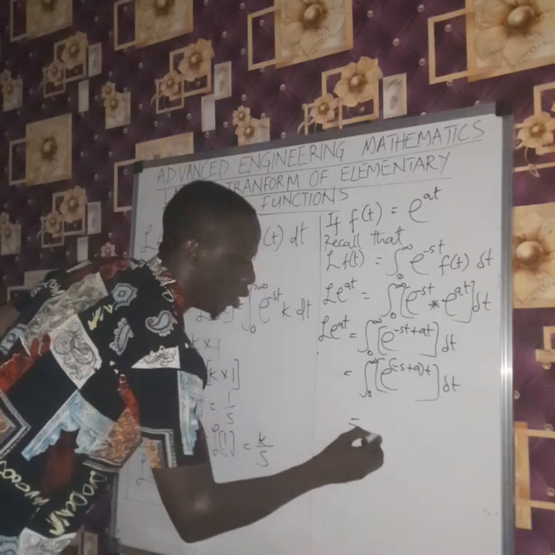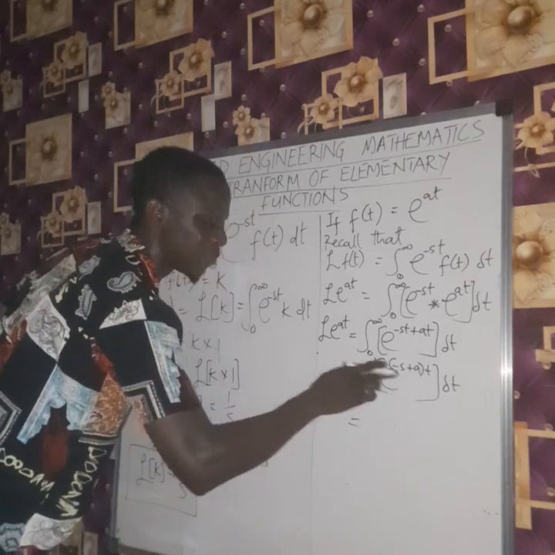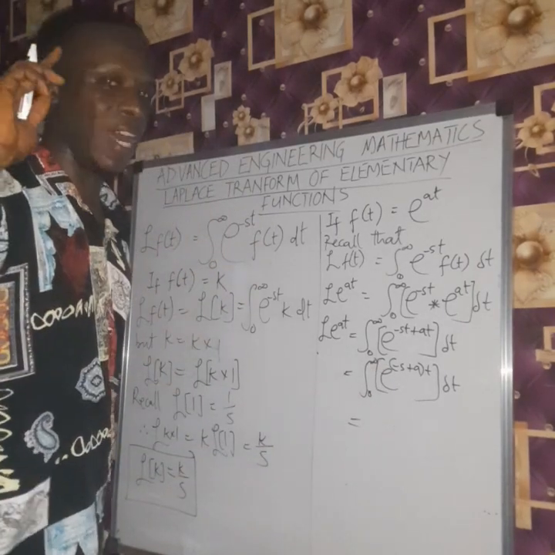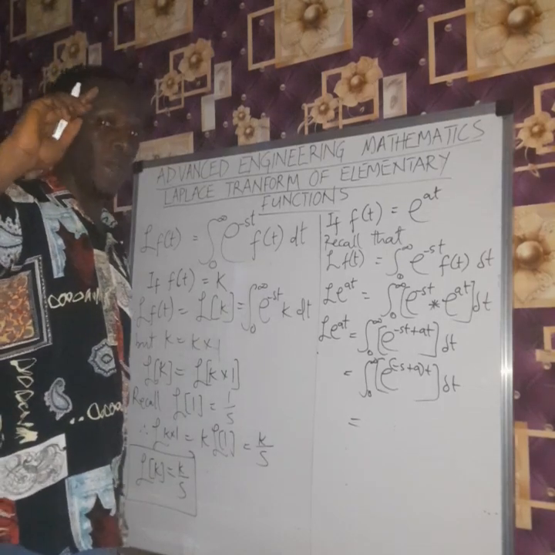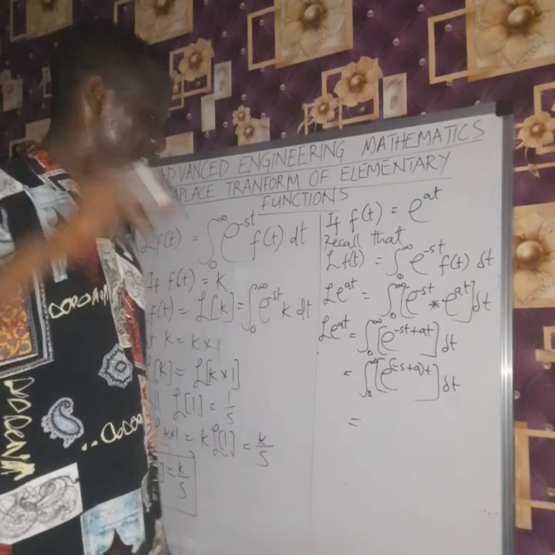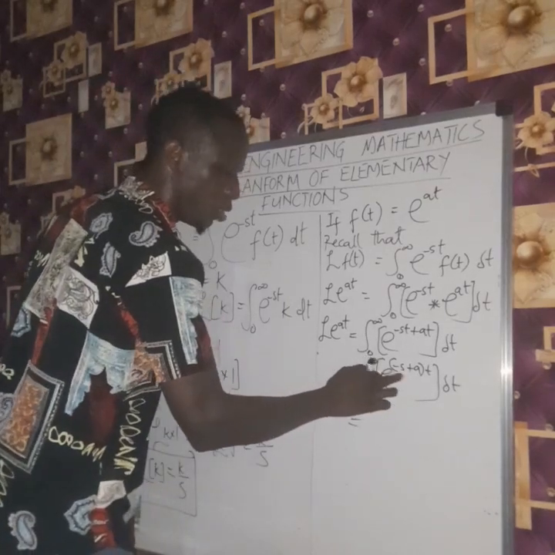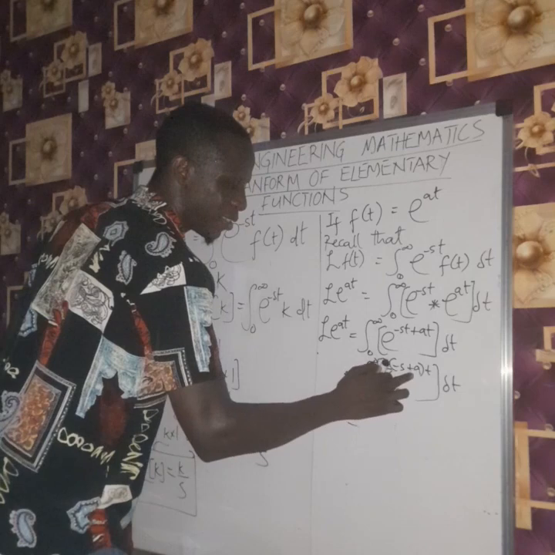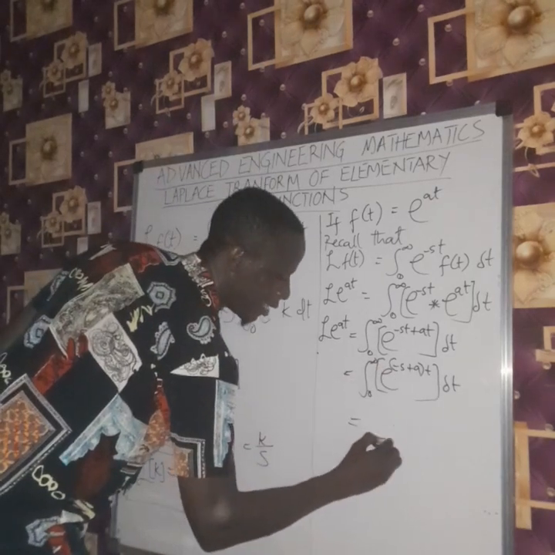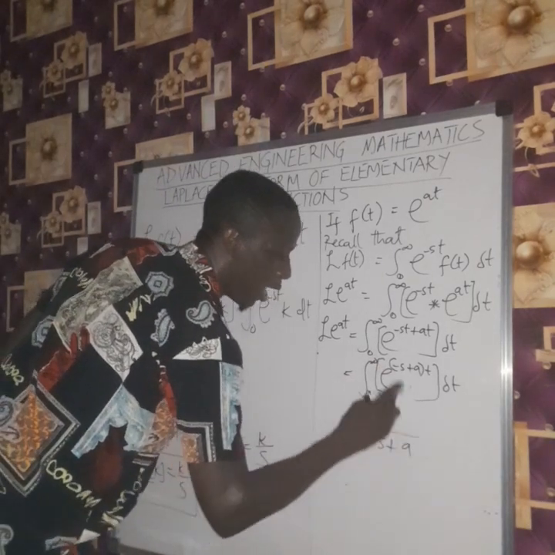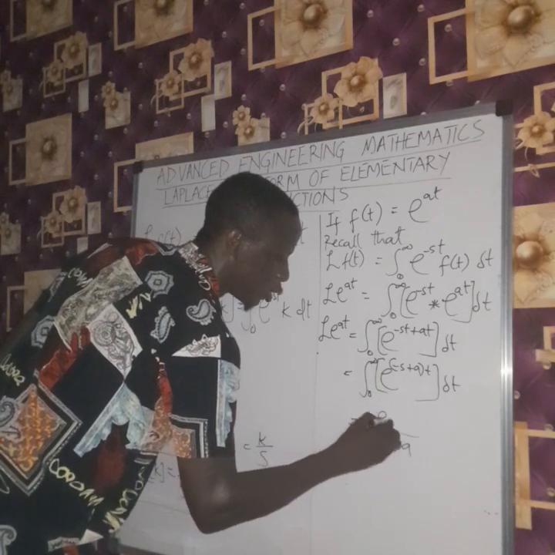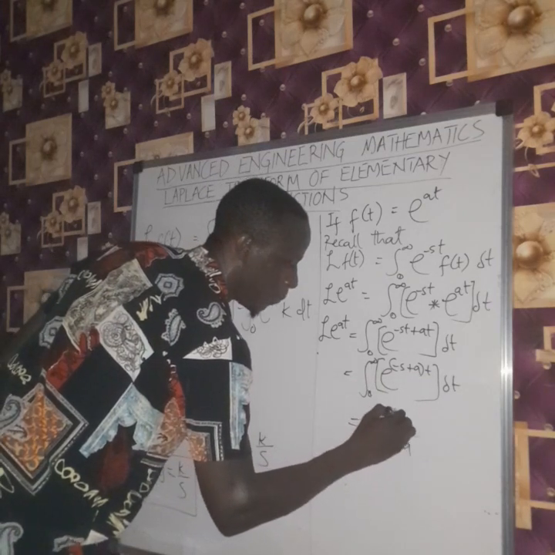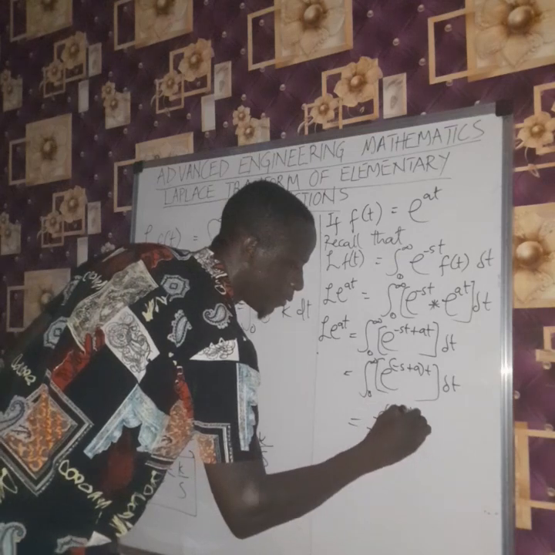Now this is giving me what? When I integrate this, remember with the knowledge of what we did in the Laplace of 1, we saw something like this. So we are going to differentiate the power with respect to t, we're having minus s plus a. So you have minus s plus a in the denominator, and this value is just coming here, e raised to the power minus s plus a t.